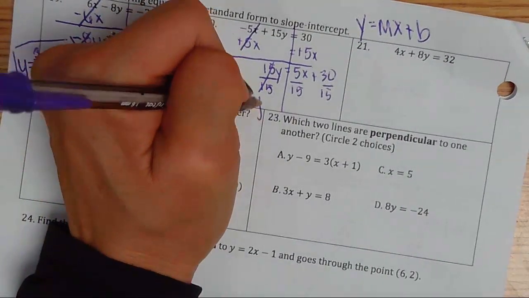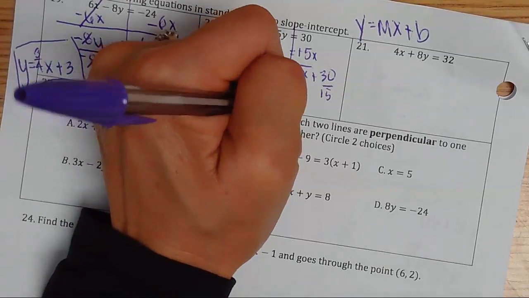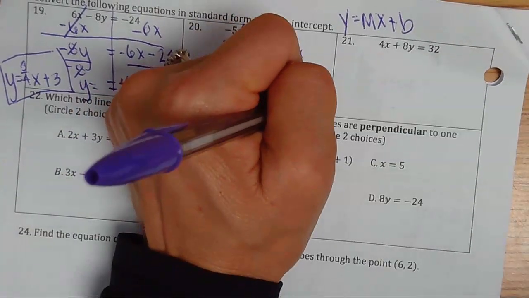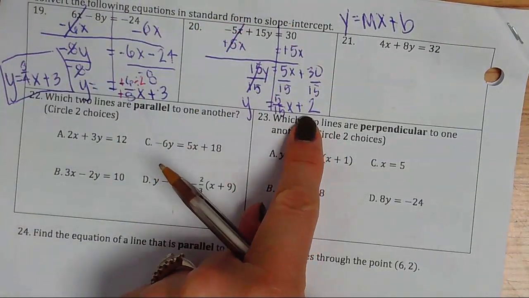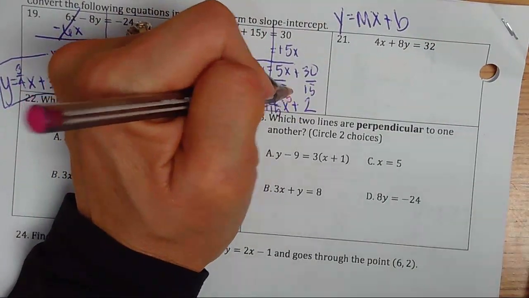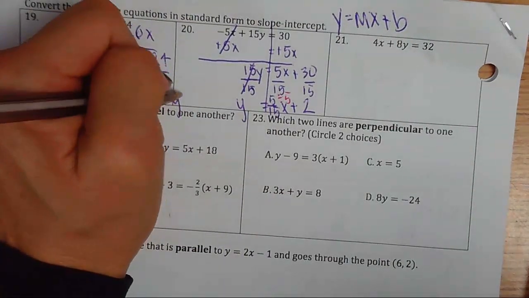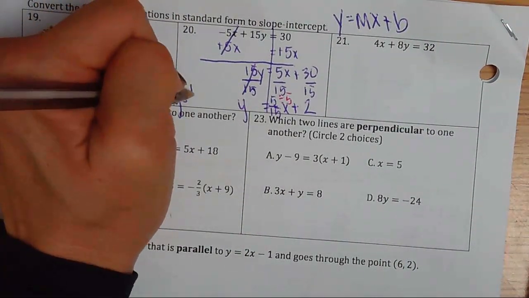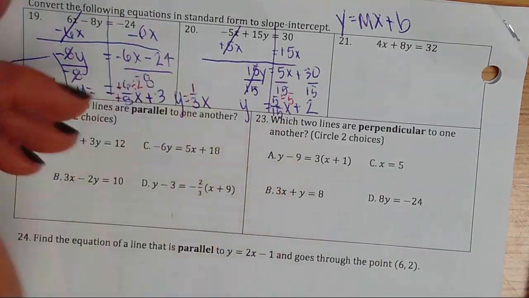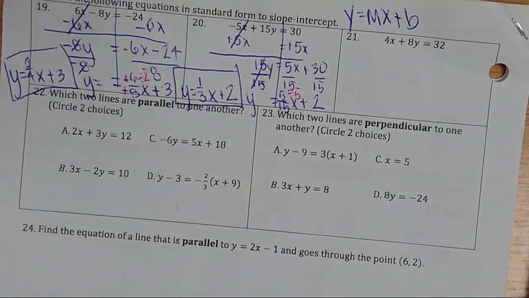And I'm going to have y equals 5 over 15x, which you probably see we can reduce, plus 2. Okay, so these are both divisible by 5, which means I have y equals 1 over 3x, right? 15 divided by 5 is 3, plus 2 as my answer.